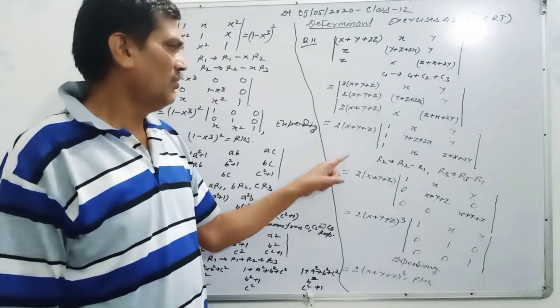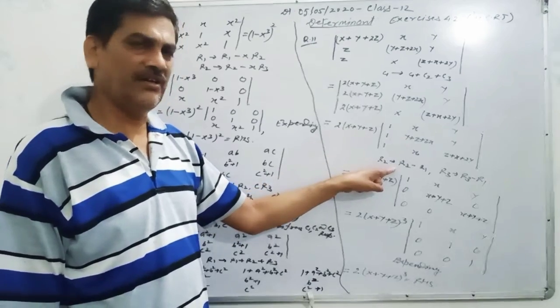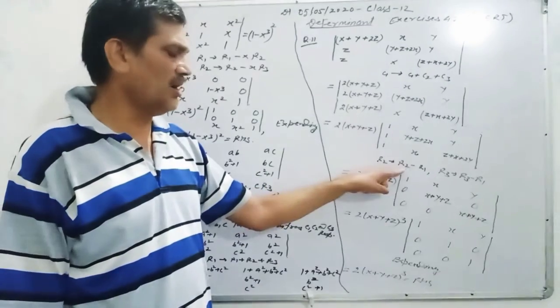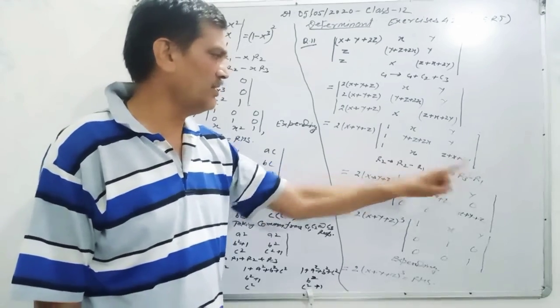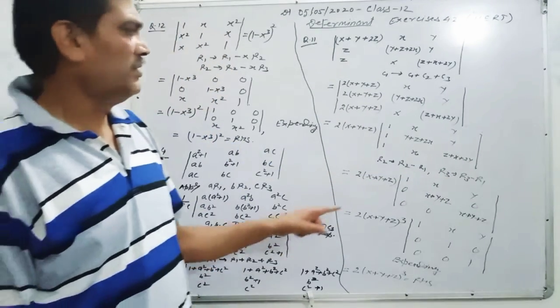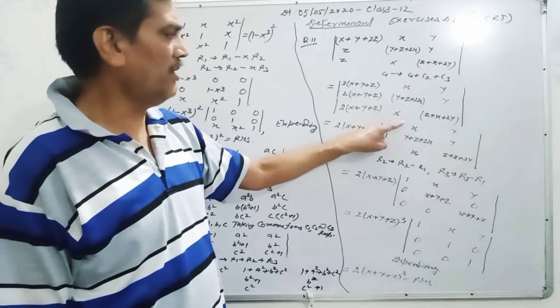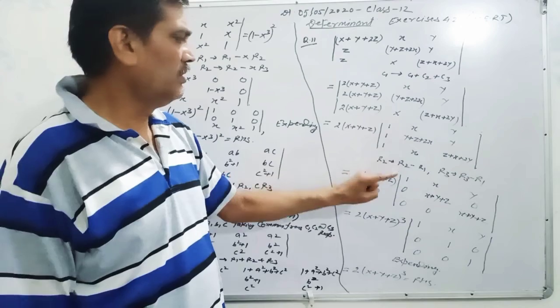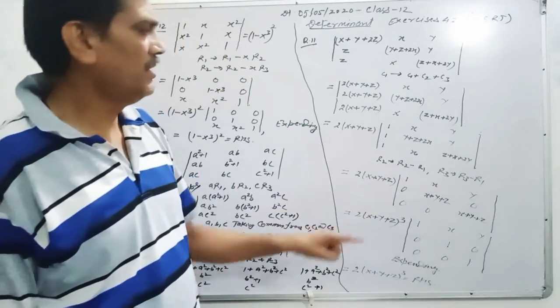Now 2 more factors of x plus y plus z. Apply here R2 tends to R2 minus R1 and R3 tends to R3 minus R1. Subtracting R1 from R2, then R2 will change. You will get these elements.